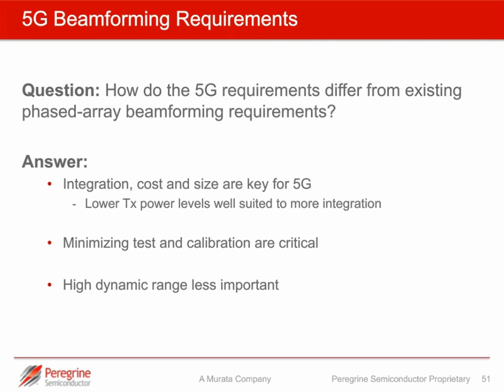As we showed on the previous slide, we're talking about putting access points at a very regular spacing, 100 meters apart, 50 meters apart, and so we need to make them low cost. They're much lower transmit power, so it's well suited to integration, which also assists us with cost and size. Minimizing test and calibration are critical to managing the cost of the devices, and high dynamic range is less important because we're talking about a relatively short range link.